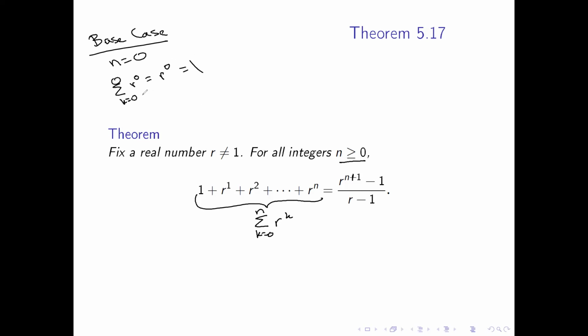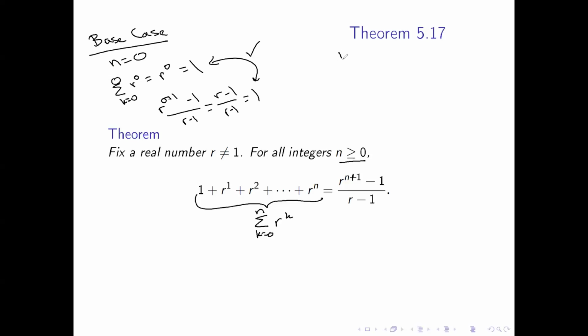Of course, that is assuming that r is not equal to 0, but we'll go ahead and stick with that. So the other side is r to the 0 plus 1 minus 1 over r minus 1, which is just really r minus 1 over r minus 1, which again is 1.